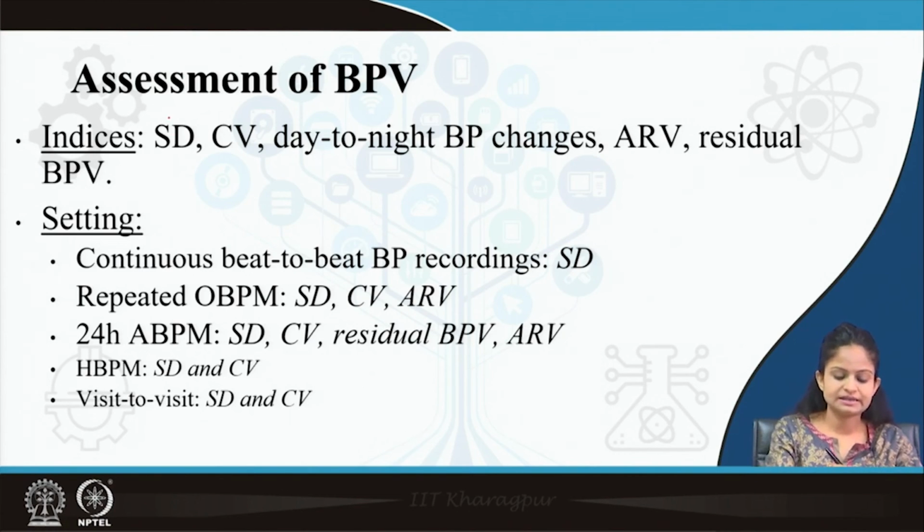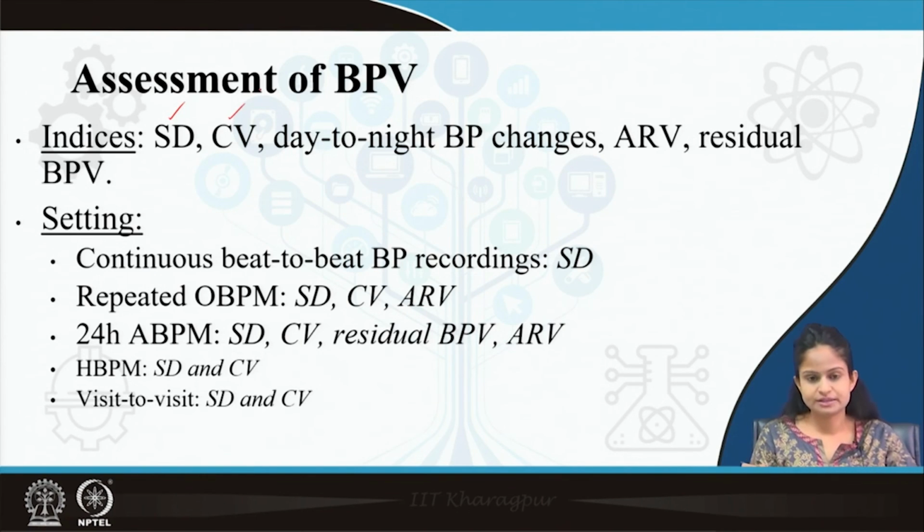The indices are standard deviation, coefficient of variation, day to night blood pressure shifts or changes, average real variability, and residual blood pressure variability. For continuous beat to beat recording, generally we go for standard deviation. For office blood pressure monitoring, we go for standard deviation, coefficient of variation and average real variability.